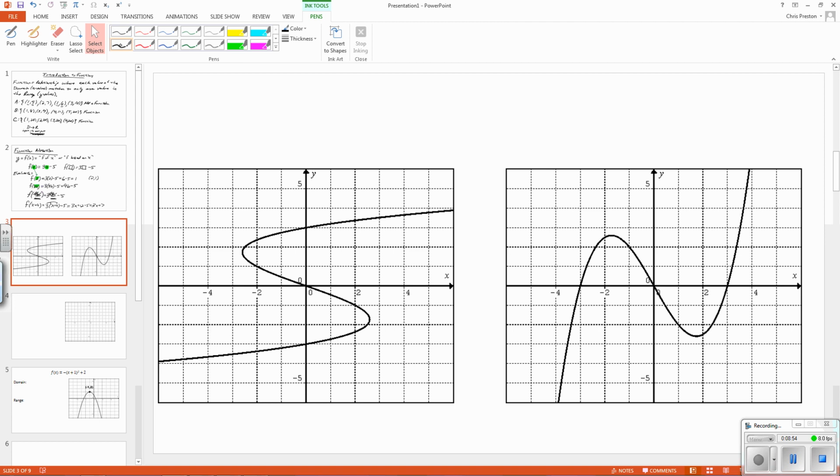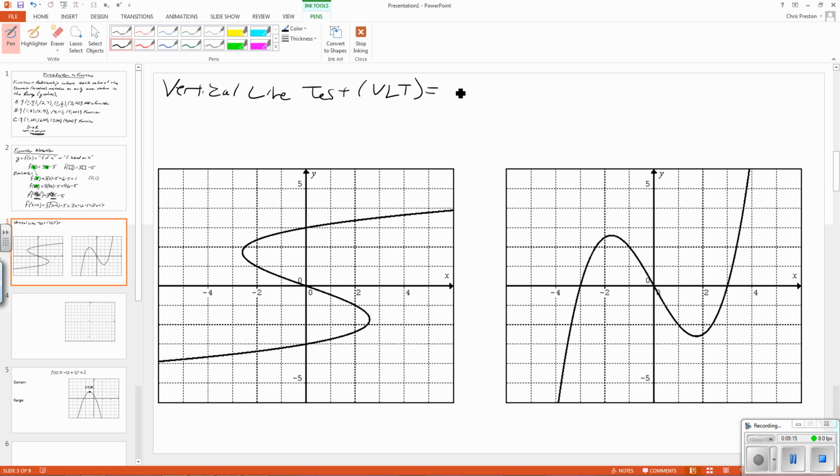All right. Another thing we're going to look at is the vertical line test. The vertical line test is a tool to use to determine if you're looking at the graph of a function or not.